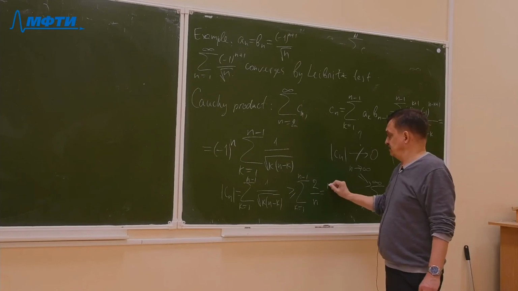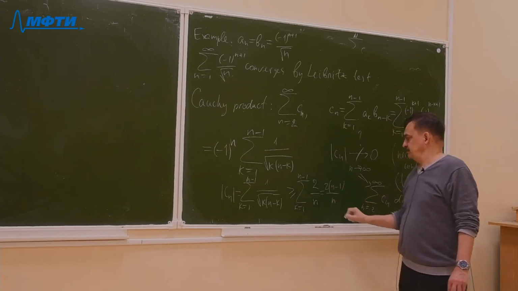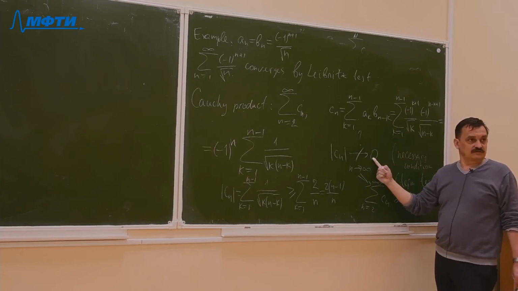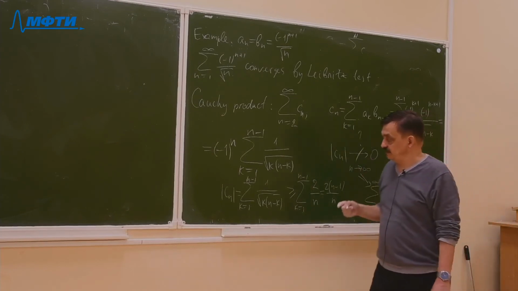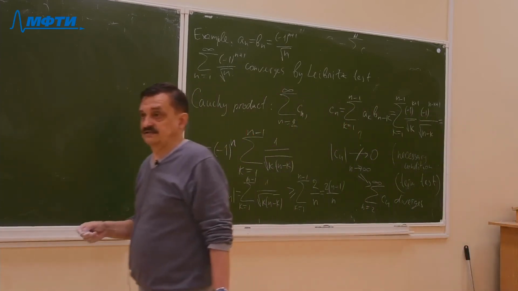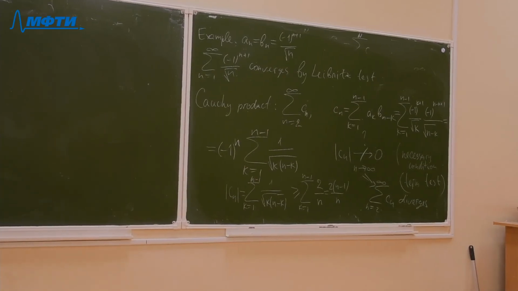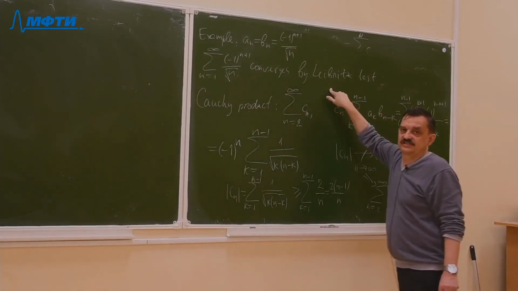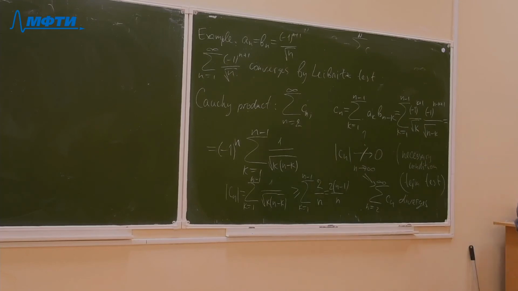That is 2 times n minus 1 over n, and you see it doesn't tend to 0. Hence, C_n doesn't tend to 0 as well. So, you see, the Cauchy product of two conditionally convergent series need not be convergent.